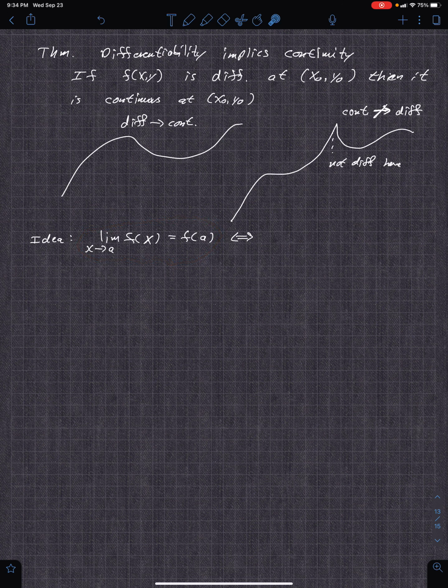So that's equivalent to saying the limit of f of x minus f of a as x approaches a equals 0. And we'll be doing that in two variables, but same idea.